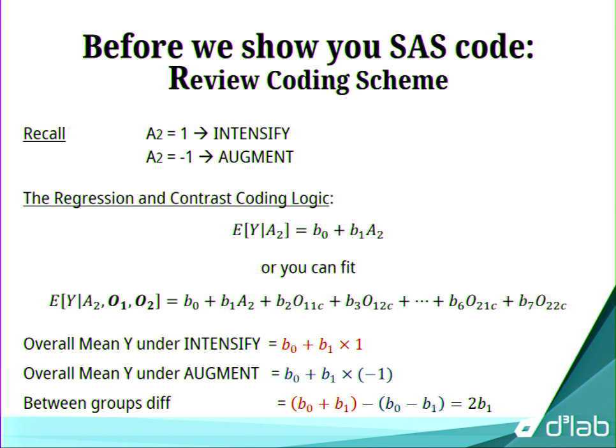So how do we do this? Kind of similar to what I showed you before, right? A2, remember, is coded 1 for intensify, -1 for augment. To compare the two second stage intervention options, I can regress the outcome on A2, on the second stage intervention options indicator, right? Among non-responders. You with me? Okay. But I can fit a more sophisticated model with control covariates.